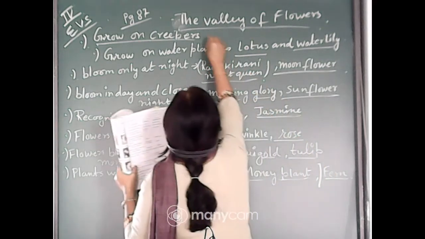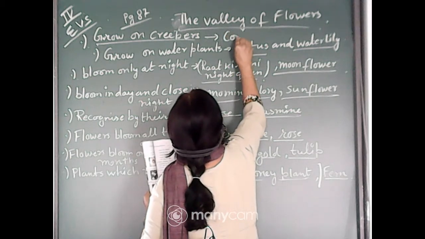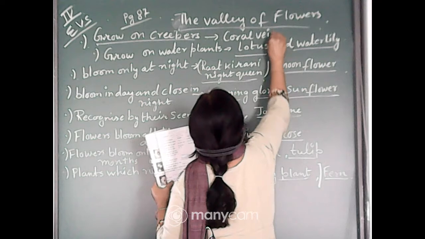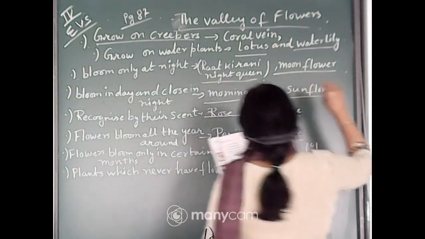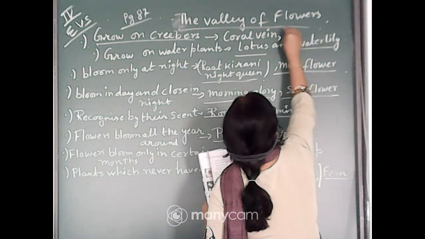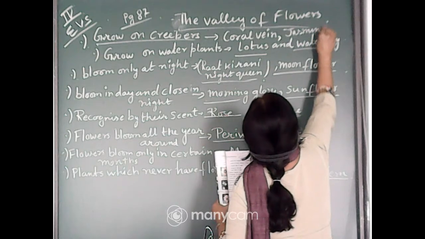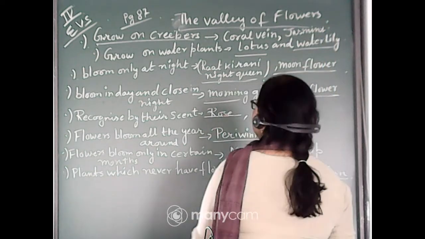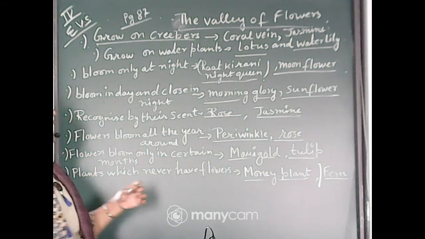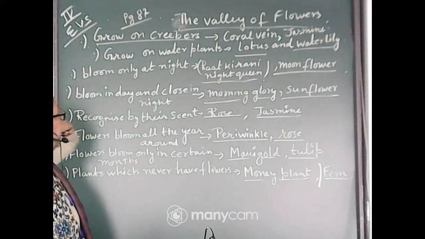Grow on creepers are coral vein, and another one is jasmine also. So these are the flowers which we can see as creepers. So write down in page number 87, grow on creepers, coral vein and jasmine.